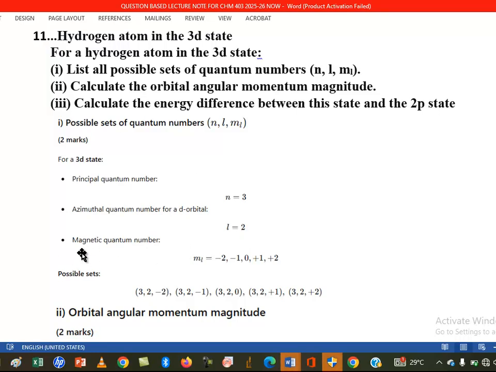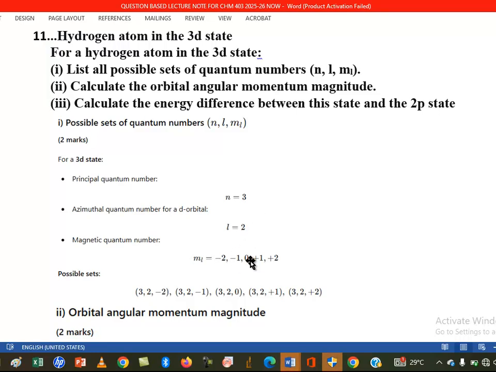Now for the magnetic quantum number, when l is equal to 2, then your m will be minus 2, minus 1, 0, plus 1, and plus 2, right? Then, remember, list all possible sets of quantum numbers n, l, and m. So what are the possible sets?